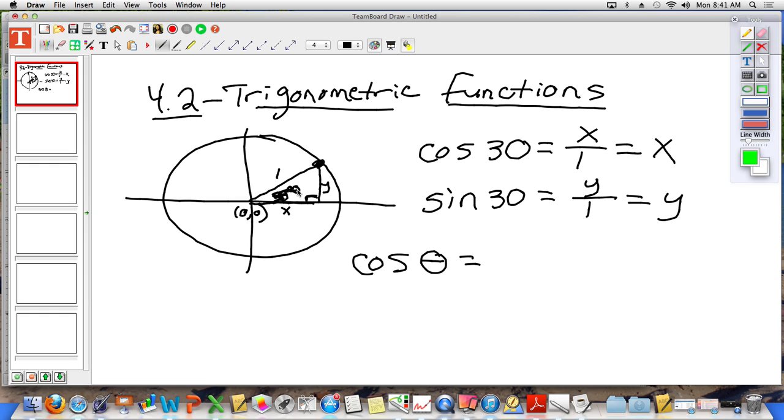Theta is just like x, we're calling it theta because we're talking about angles. The cosine of theta is equal to the adjacent side, which is x, divided by 1, because 1 is the radius. Well, let's say it's not 1. As Marcus just said, what if the radius was 4.5?